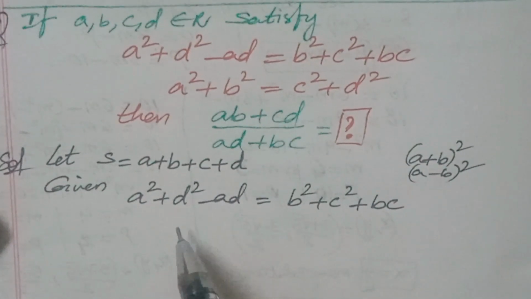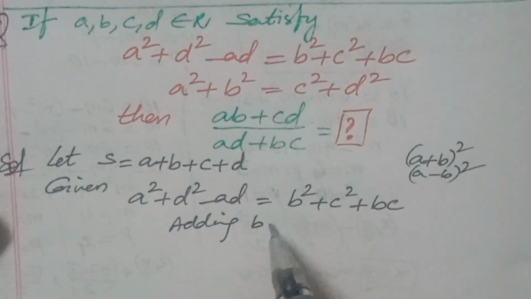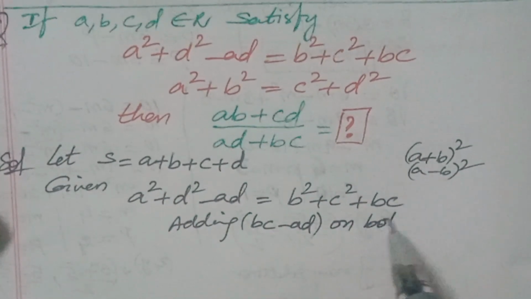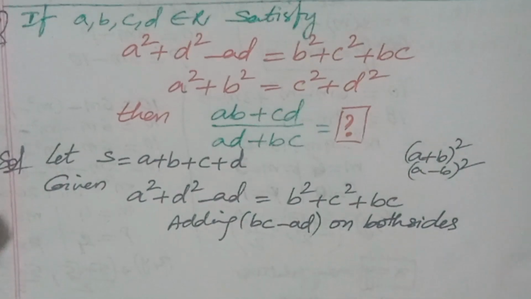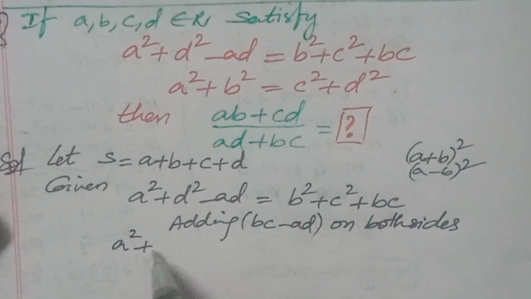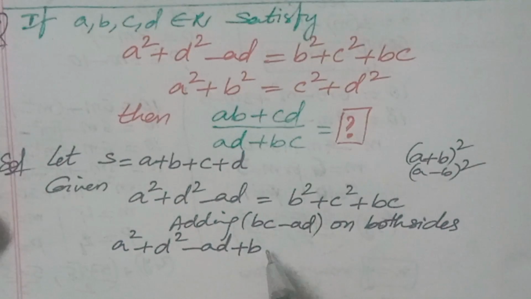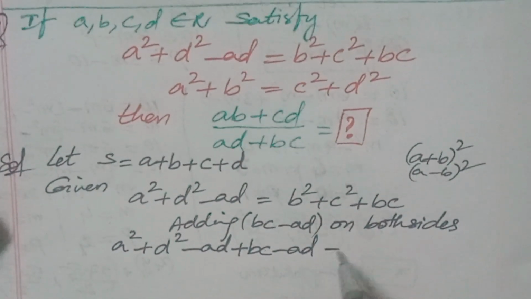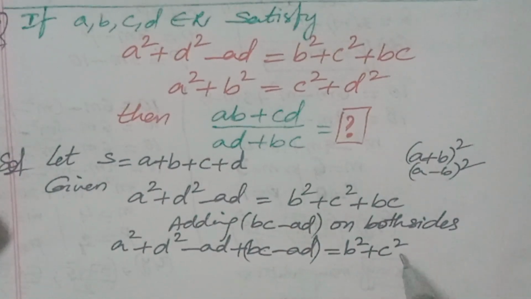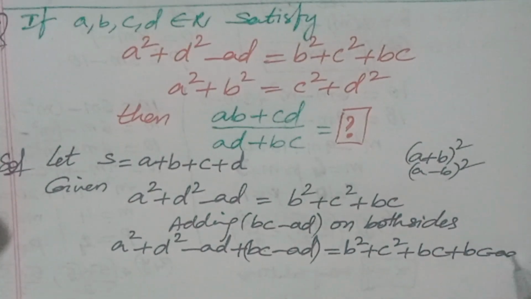So for that, what you are doing is adding BC minus AD on both sides. So we get A square plus D square minus AD plus BC minus AD on the left, and B square plus C square plus BC plus BC minus AD on the right.